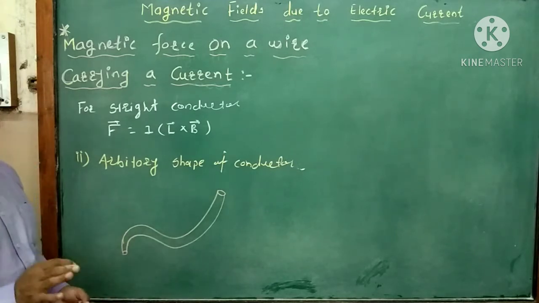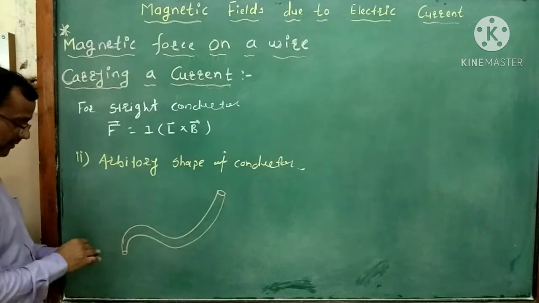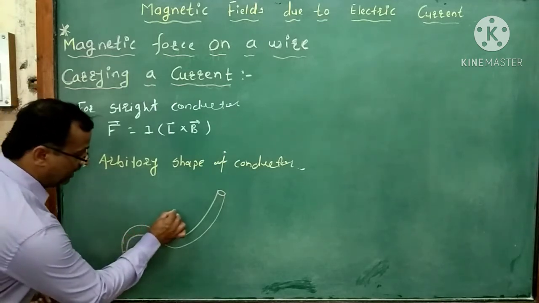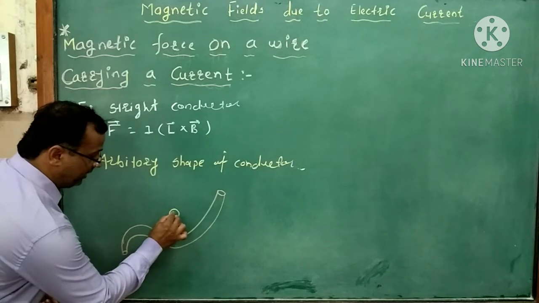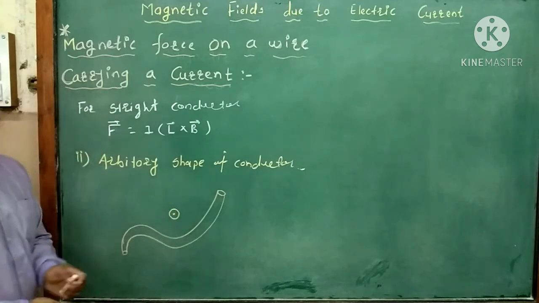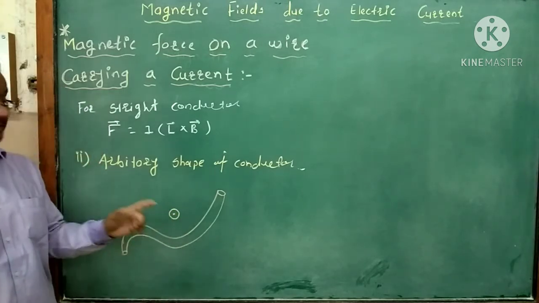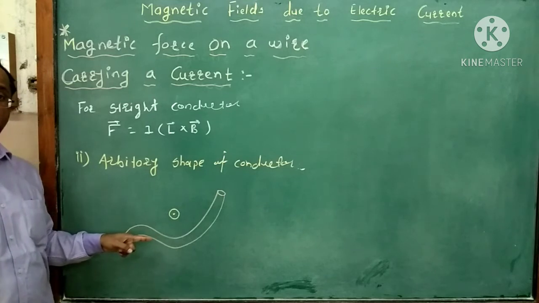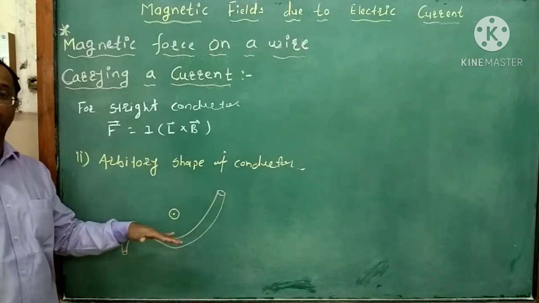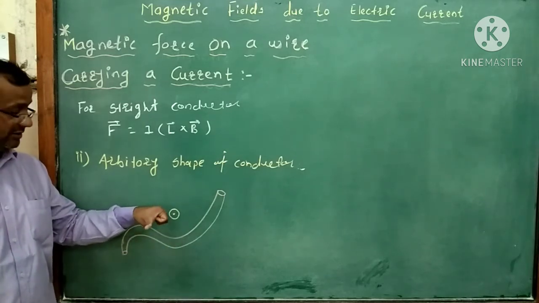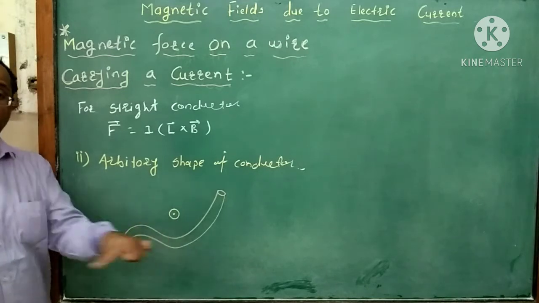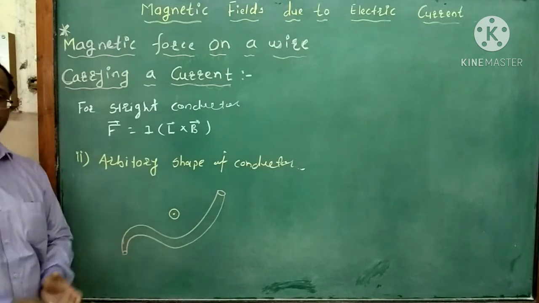Right? And suppose we consider that a magnetic field is present. Again, the direction of the magnetic field is perpendicular to the plane of the figure, and its direction is outward. Right?